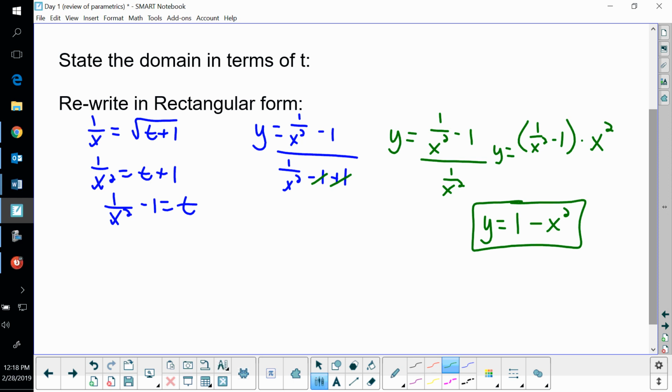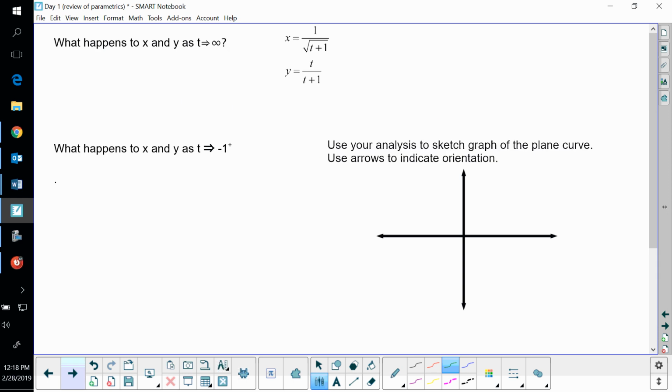So if we go down to the bottom, continuing this problem, we're going to end up graphing this, but we need to think about a couple of things. We need to think about some limits. We want to think as t goes to infinity. So that would tell us with our orientation the direction we're going. As t becomes huge numbers, so our limit as t goes to infinity, we want to think about x of t.